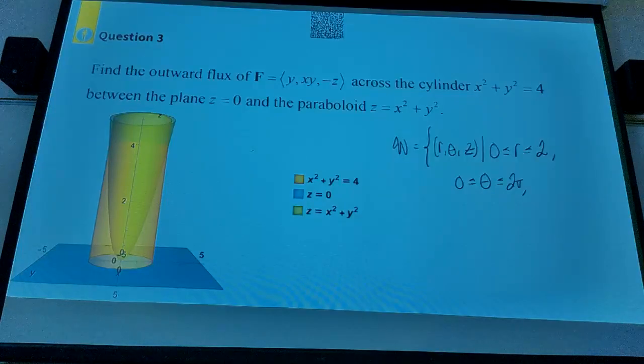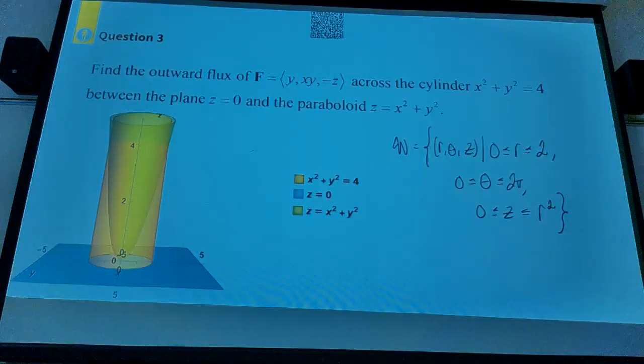And now for z. z goes 0 up to r squared. Again, I'm treating it as if it was closed.